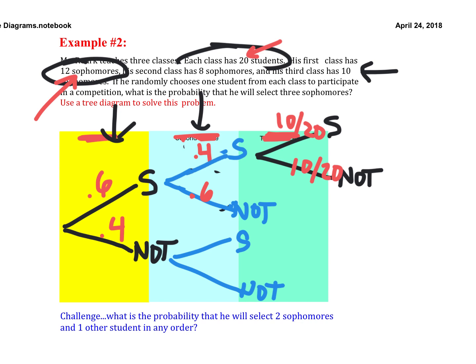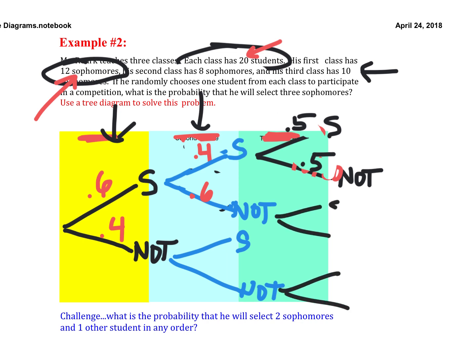And 10 out of 20, I like your idea. Let's just make it 0.5 right away. And then, again, like I said, I'm not going to make you finish this whole chart, but I would then need sophomore and not for all these spots.